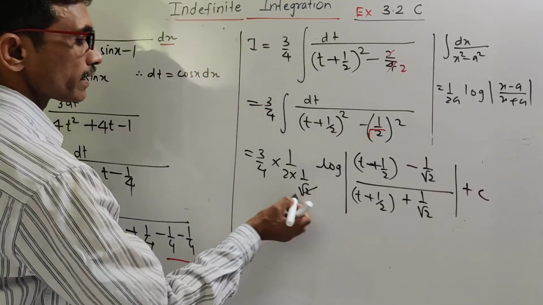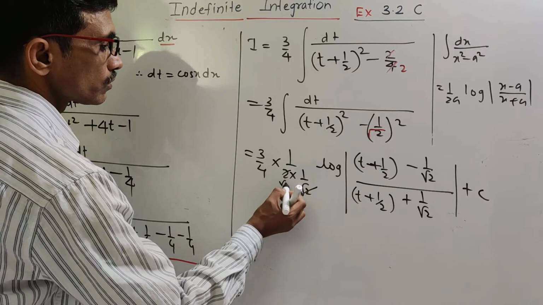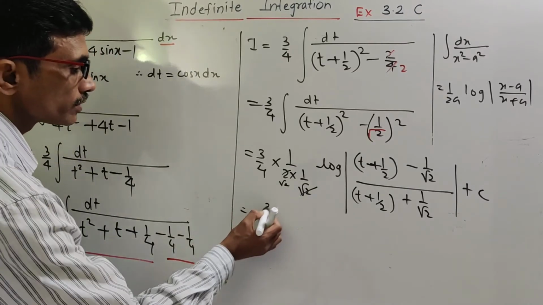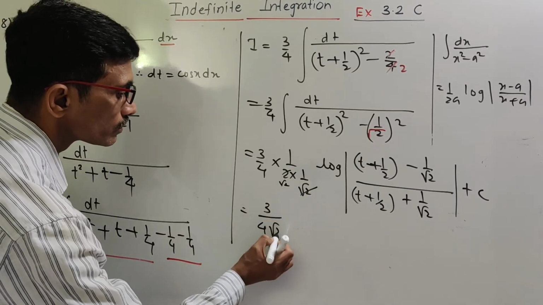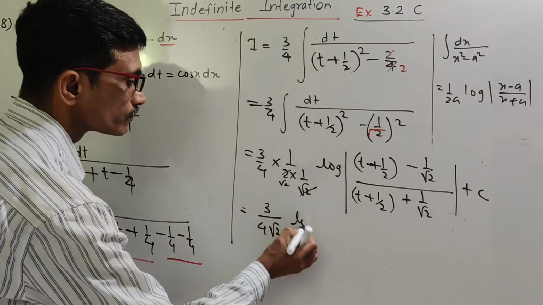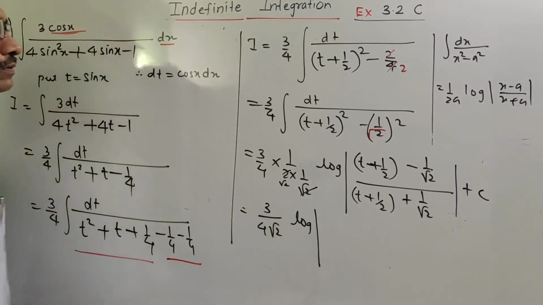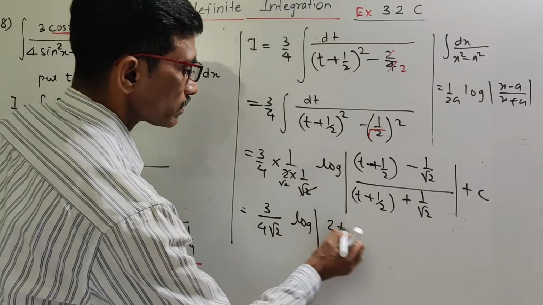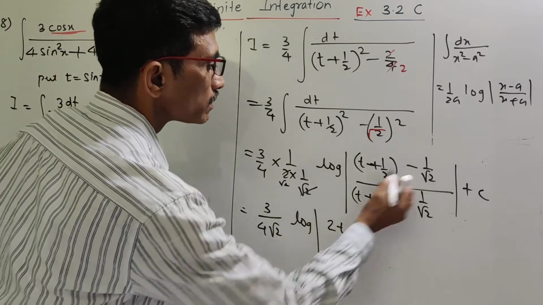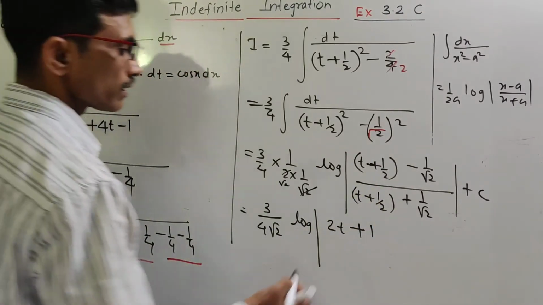Now this is getting cancelled and it is root 2. So this will be 3 by 4 root 2 log of (2t plus 1) upon 2.